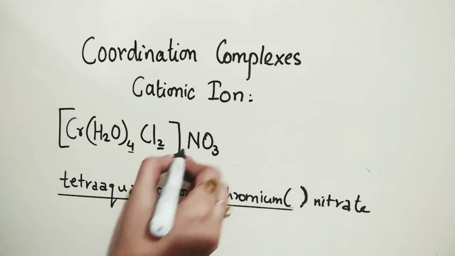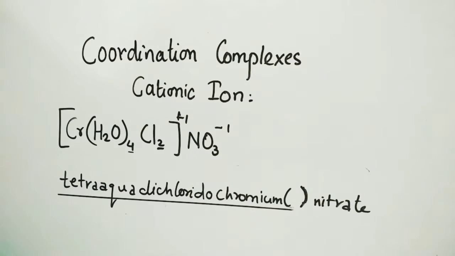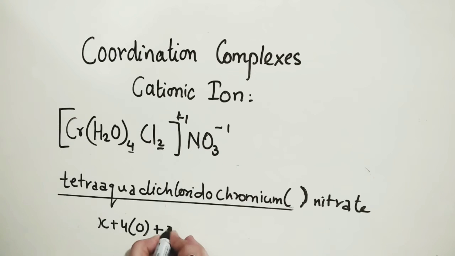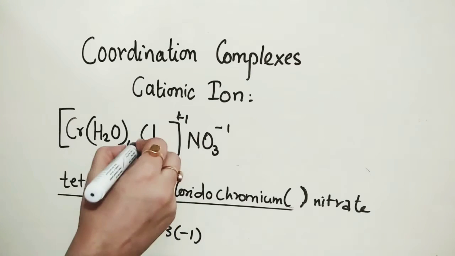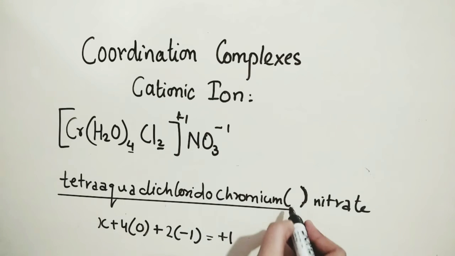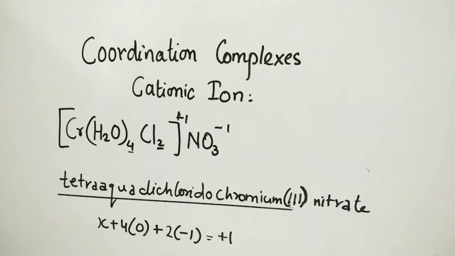Now for the oxidation state, NO3 is single minus, so its charge on the complex is +1. Cr is X plus 4 into 0 because water is a neutral ligand, plus 2 into -1 since Cl is negative, which is equal to +1, and the answer comes out to be +3 again. So Cr(III) in Roman numerals.